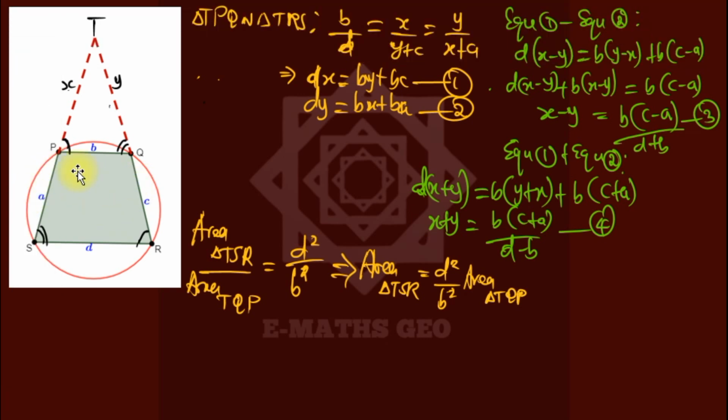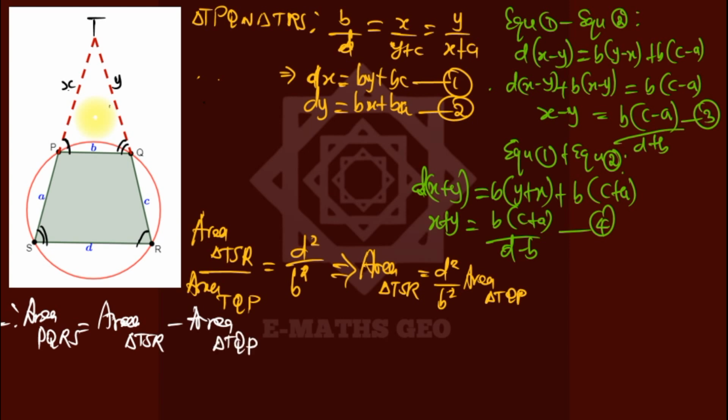you see that to get the area of the quadrilateral, you subtract the area of the small triangle from that of the big triangle. So we have the area of PQRL, which is what we are asked to find: the area of the big triangle TSR minus the small one, triangle TQP.